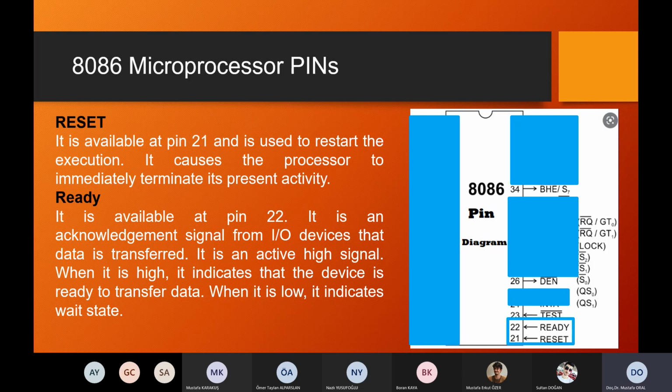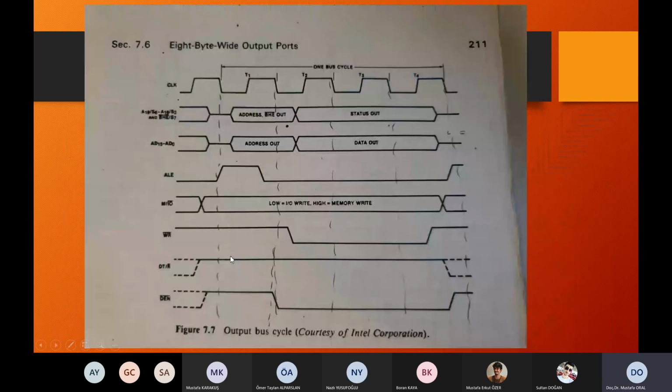So, if you remember, I told you that a bus cycle is not only for clock, because there may be some wait states inside. What I mean is, one bus cycle consists of 1, 2, 3, 4 clocks.